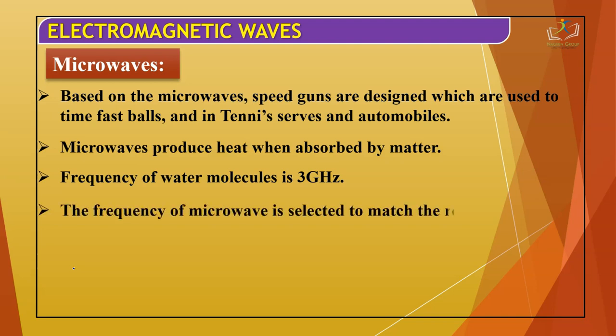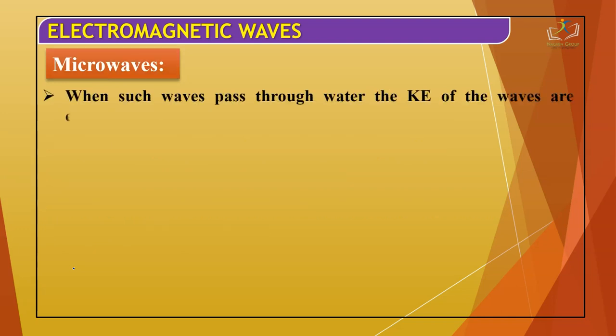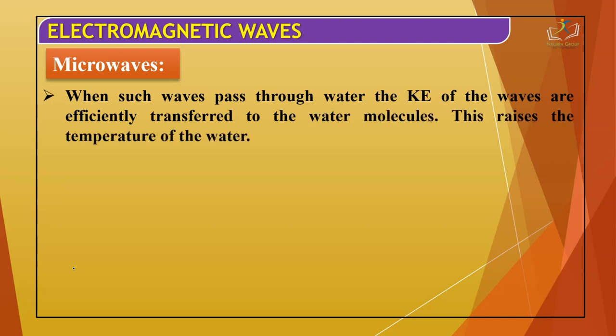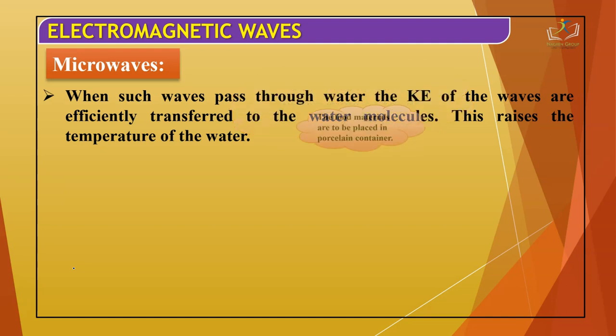The frequency of a microwave is selected to match the resonant frequency of a water molecule. When such waves are passed through water, the energy of the waves is efficiently transferred to water molecules. This raises the temperature of the water, and this raises the temperature of the food containing the water.